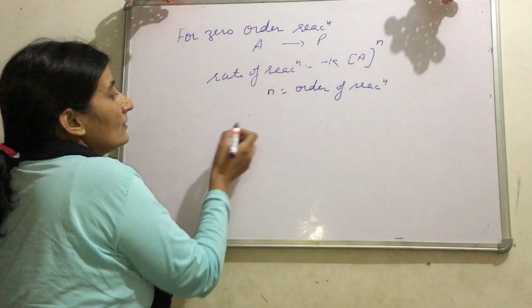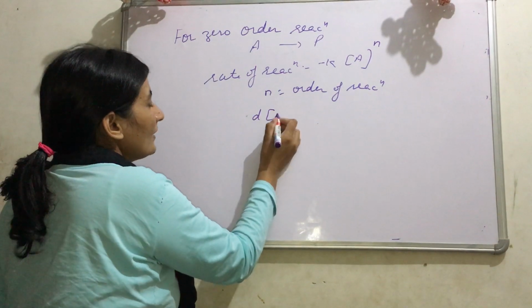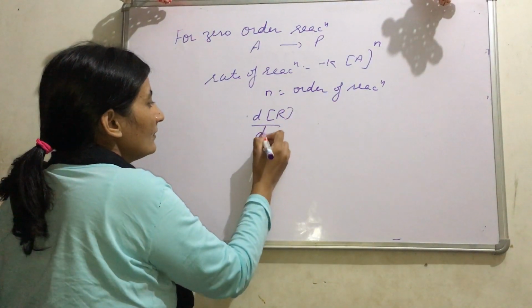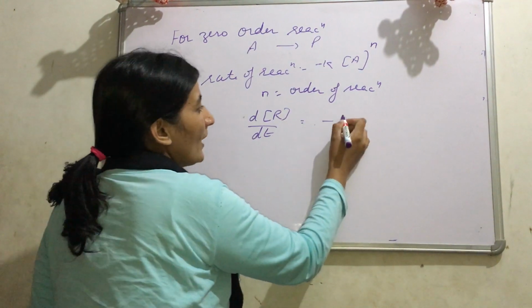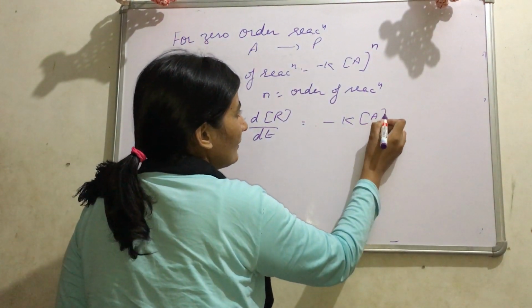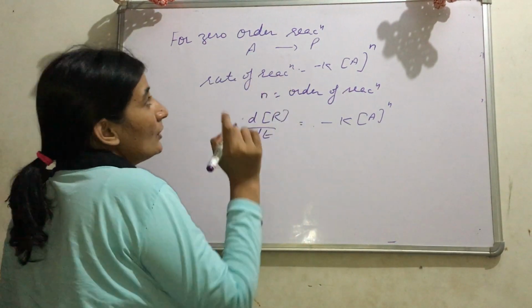Now this will become dR by dt. Here R is the concentration of reactant, equal to minus K A raised to power n. Now for zero order reaction n is equal to 0.